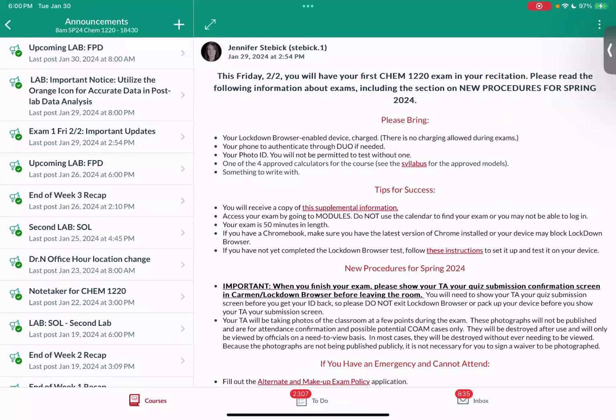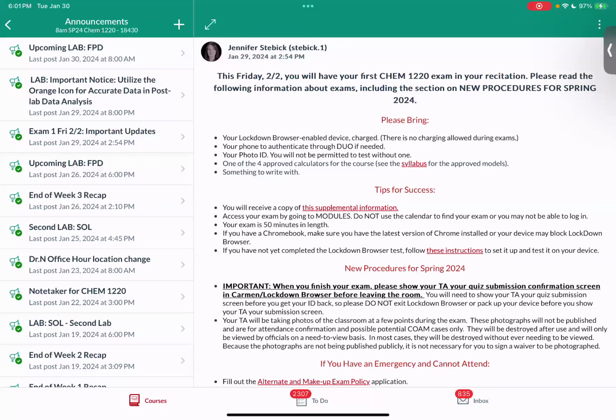I encourage you to do the Respondus test browser quiz before going into recitation. Just because it worked last year doesn't mean it's going to work now, so just test it before you get into recitation, because we only have a 5-minute buffer. The exams are 50 minutes, but recitation is 55 minutes. So if you can't get it figured out in 5 minutes, then you're in trouble. So do test with that Respondus test browser quiz in each of your courses.